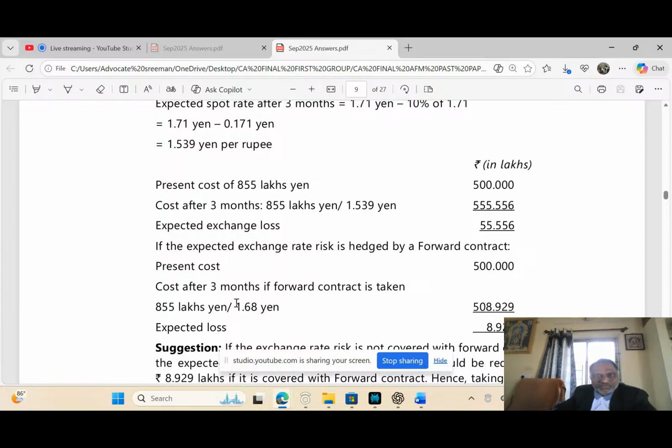Present cost is 500 lakhs. Cost after 3 months is 855 lakh yen.